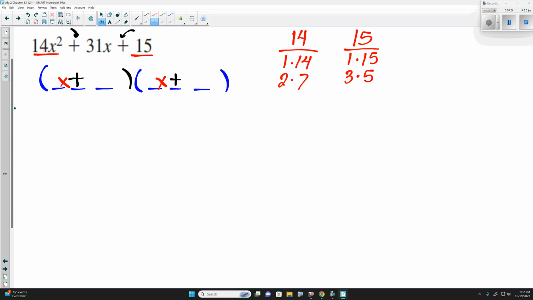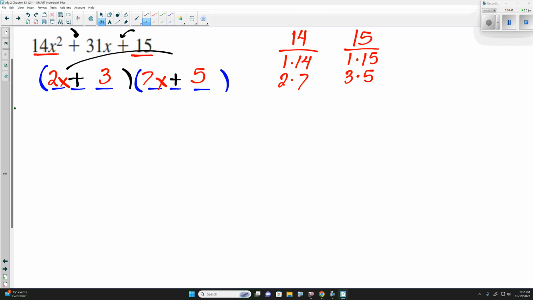So, which factors of 14 do we want to try first? 2 and 7. Which factors of 15 do we want to try first? 3 and 5. Which one do we want to put first? 5.